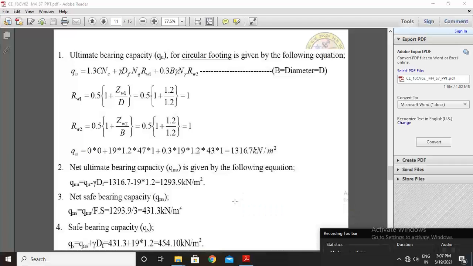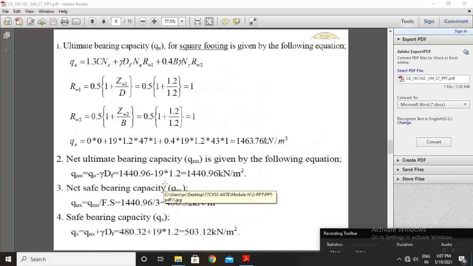Next step, calculate the net safe bearing capacity, QNS, given by QNU divided by the factor of safety. Substituting the values: QNU is 1293.9 divided by the factor of safety, which is 3.